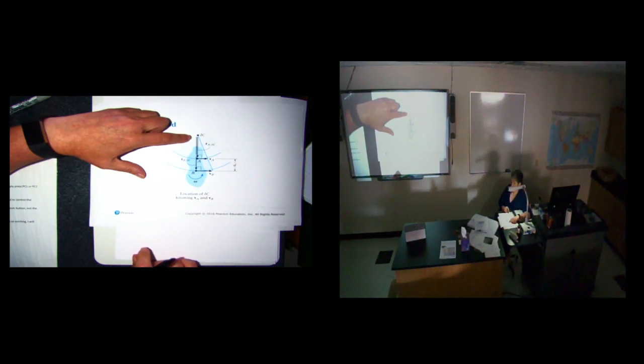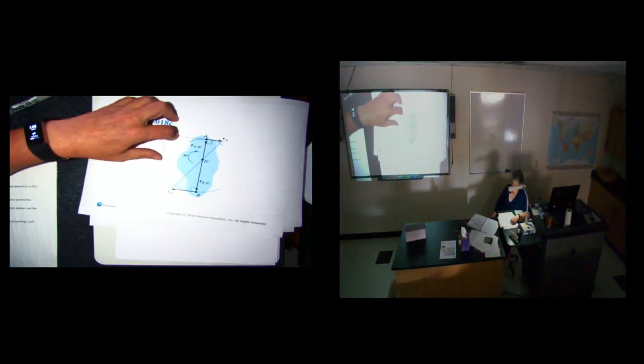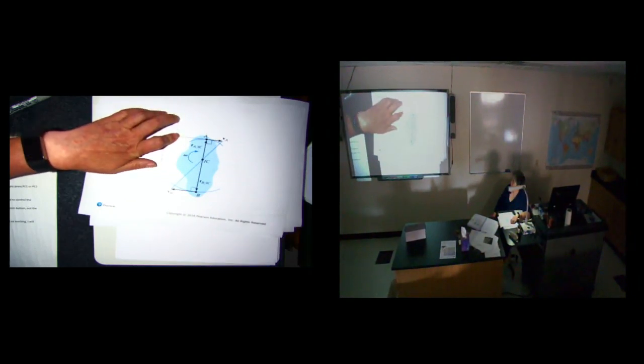Looking at it from that perspective, it's very similar. My measurements are going to be a little different, but that's all right. Let's do a better picture. Much better picture.